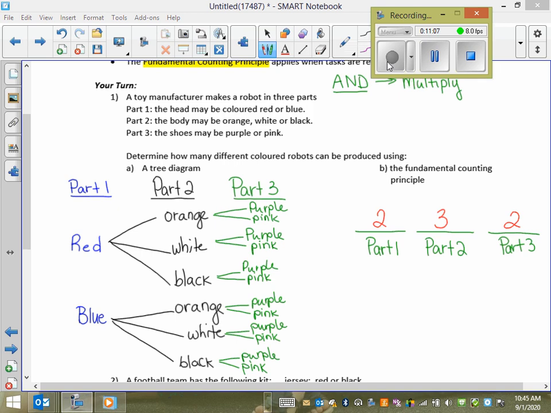And what you need to do, and what you'll find that you might stop doing, is putting the little dots. Because the little dots mean multiplication, right? So if they're asking you to algebraically show how you would get this, if you don't put the dots, you're not showing algebra. You're actually just showing the number 232, right? So we multiply, and we get 12 different colored robots.